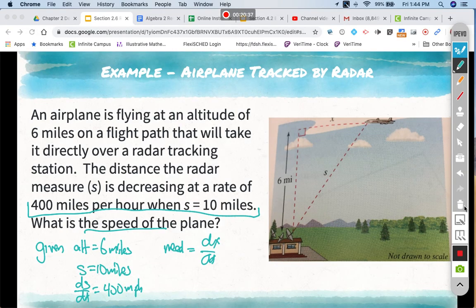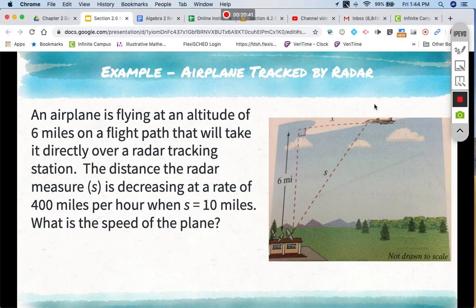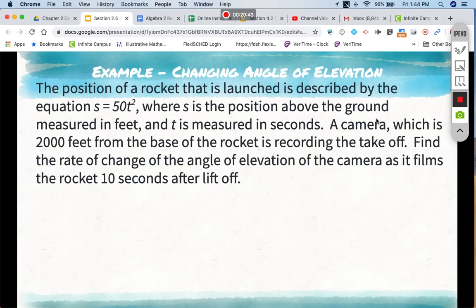New board here. Let's clear this off. Go to our last problem here. So here we have a rocket launched, and the height is s equals 50t squared. S is the position above the ground measured in feet.